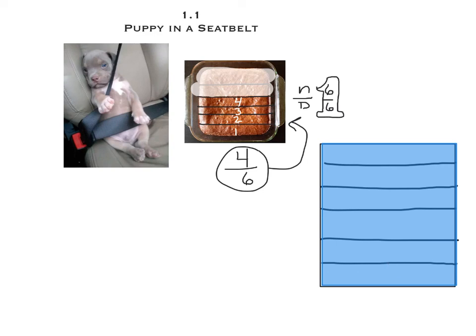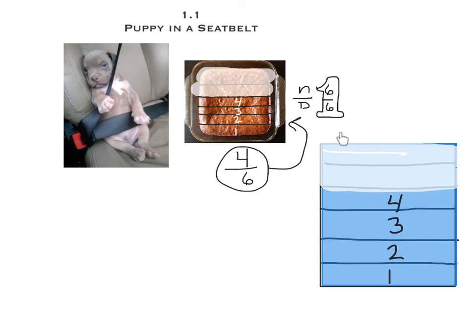And now I'm going to erase two of those because the puppy ate two of those. And I'm going to do it with my big old fat pen here. So here's one that's gone, and here's a second one that's gone. And as you see, you've got 1, 2, 3, and 4 parts out of the original 6.